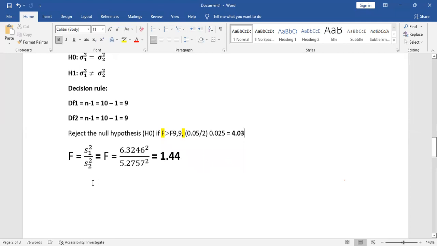But there is a language which should be used where we don't go directly to say we've accepted the hypothesis.